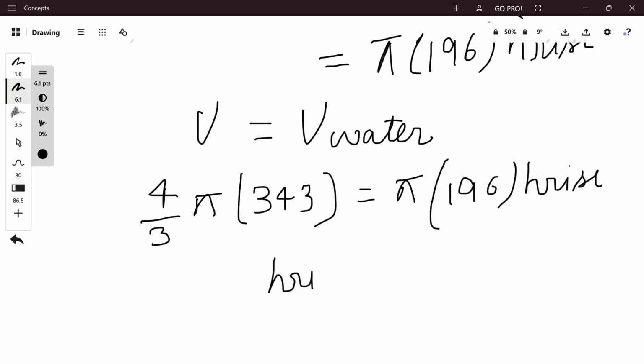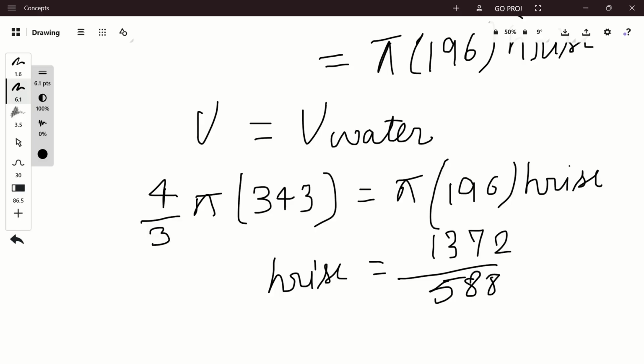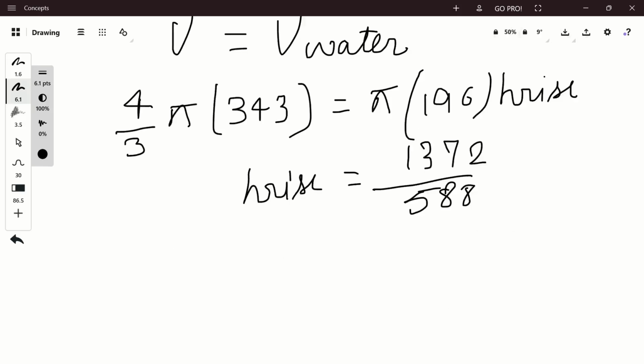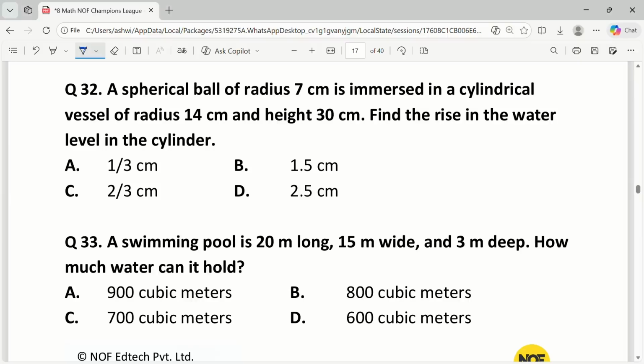Hence h rise is equal to 1372 upon 588, which is equal to 7 by 3, which is approximately 2.33. Comparing with the options, the answer is 2 by 3.